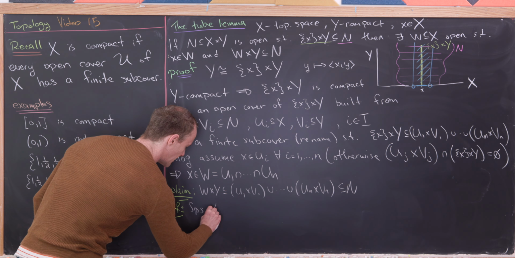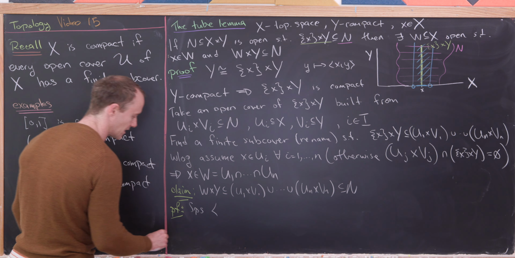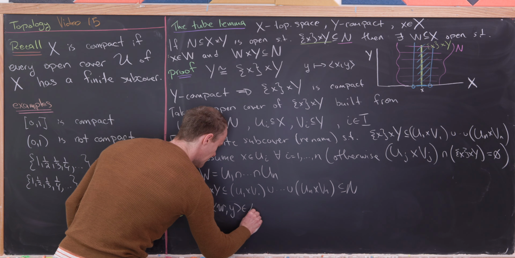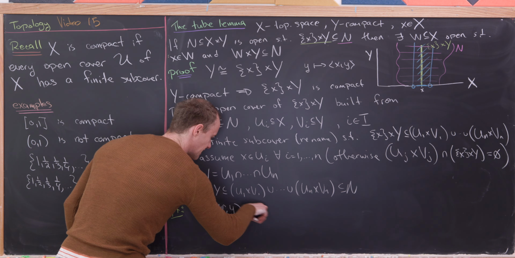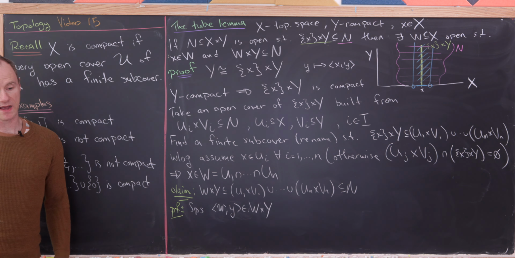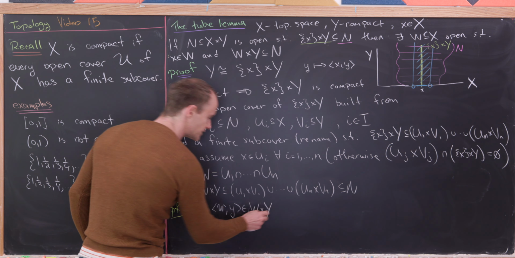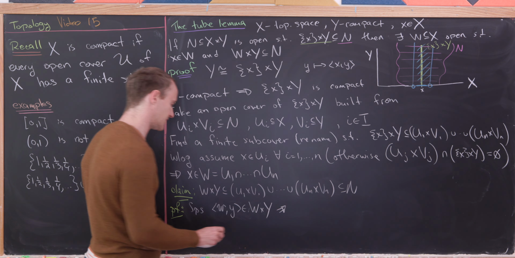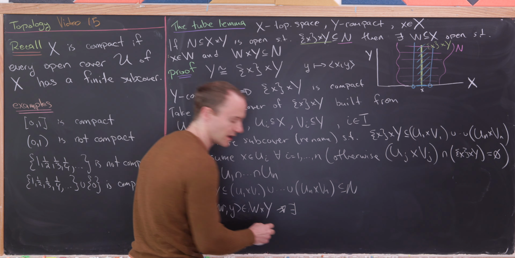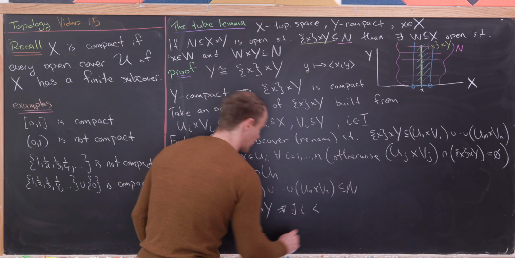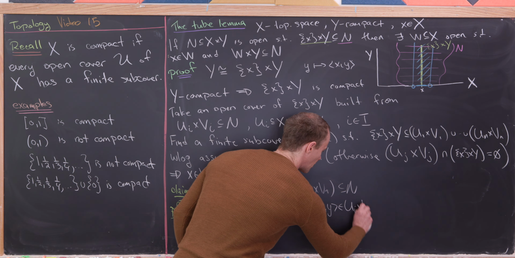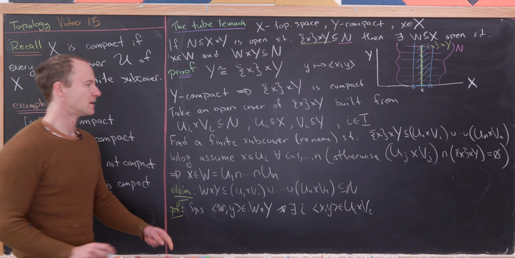So let's suppose that we've got a point here, and maybe we'll call it (w, y), because the little w is going to come from the big W, and the y is going to come from Y. Okay, so what does that tell us? That tells us that there exists some i where (x, y) is inside of U_i cross V_i.